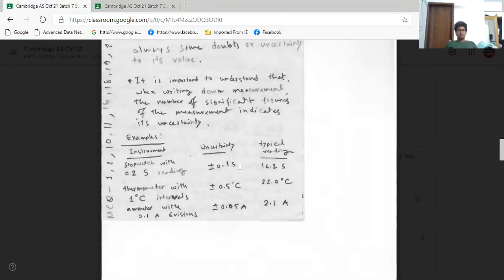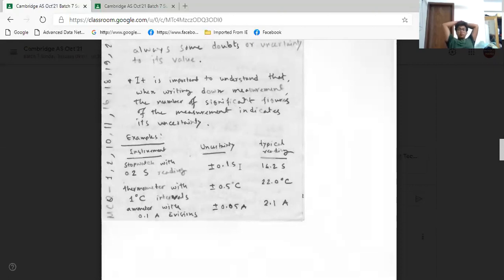But if you are taking the reading three times, like the eraser, different sides, you are taking the length again and again, three times. Once you got 2.3, another time you got 2.3, another time you got 2.2.